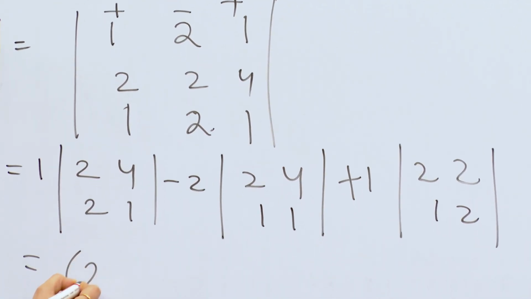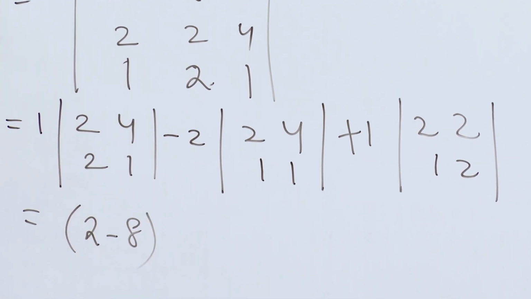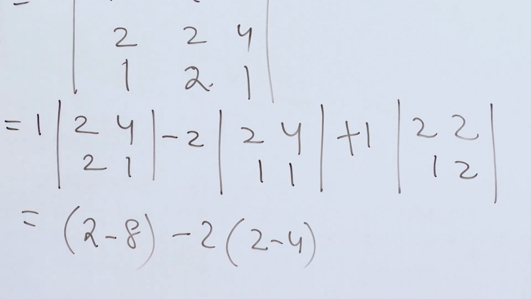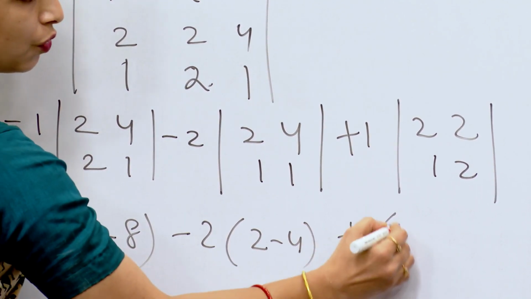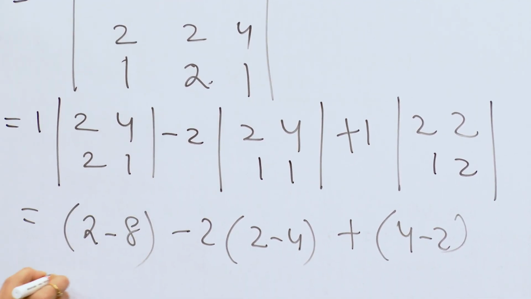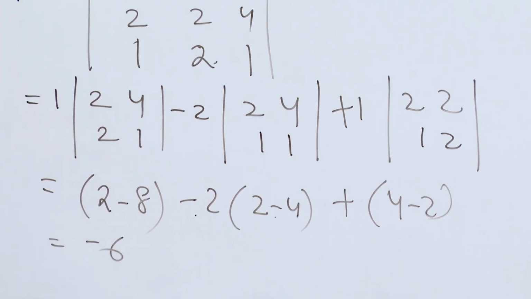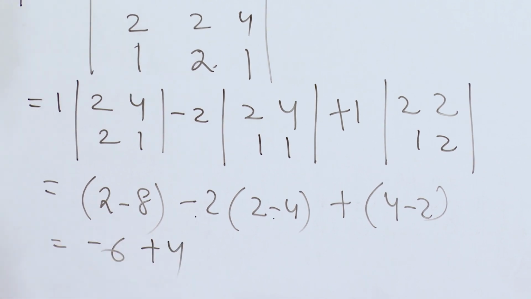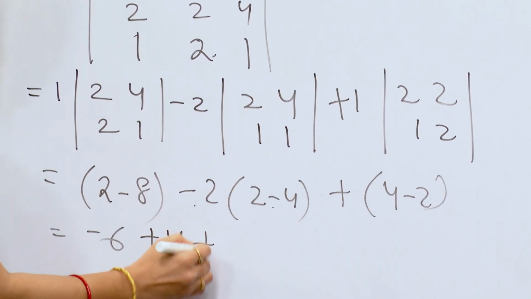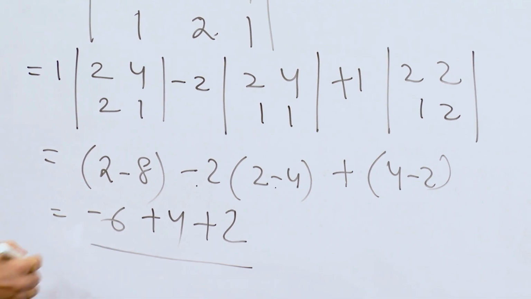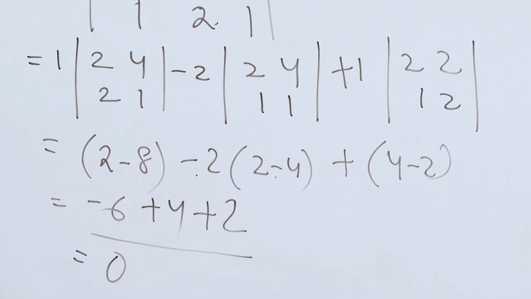So, here we get 2 minus 8, here we get 2 minus 4, here we get 4 minus 2, right. So, here we get minus 6, minus 2 into minus 2, that becomes plus 4, and here we get plus 2. So, the resultant is minus 6 plus 6. So, 0. So, hence proved.